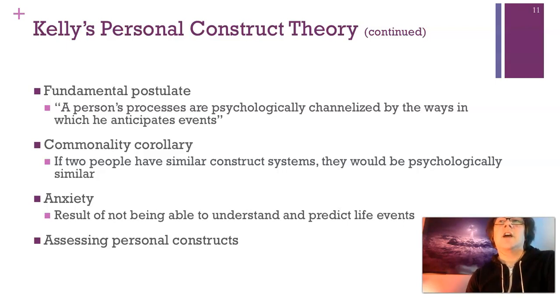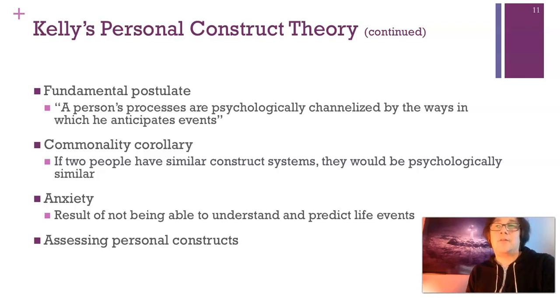Kelly also devoted a part of his theory there to the concept of anxiety. So for Kelly, anxiety was the result of not being able to understand and predict life events. So in his terms, anxiety is the result of our personal constructs failing to make sense of our circumstances.